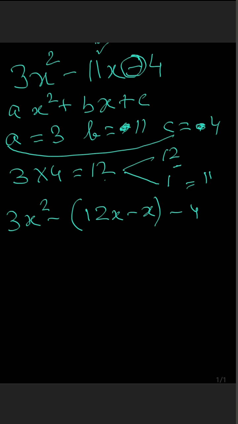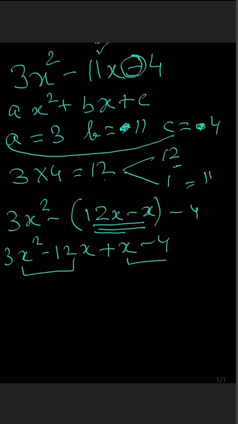Understood? This value is equal to 11x only. We have just changed the face of this question. In place of 11x, we have placed 12x minus x. Now we open up the bracket.